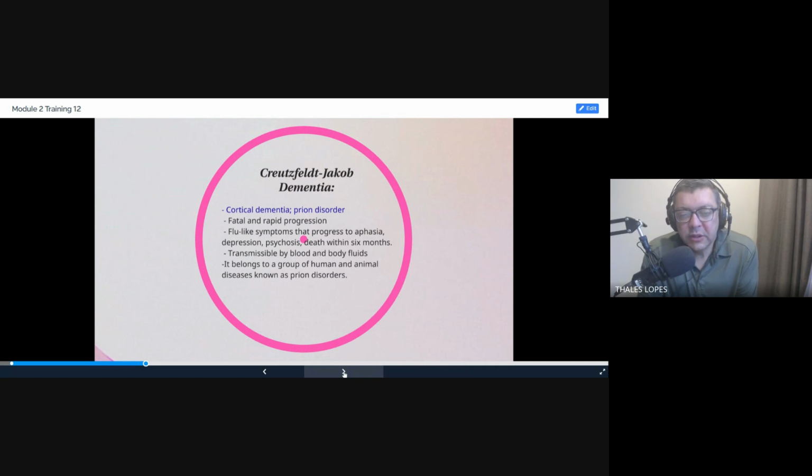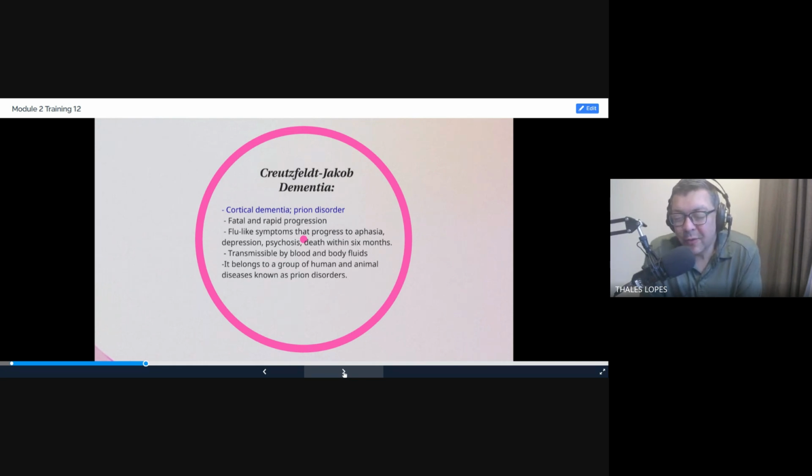So Creutzfeldt-Jakob falls under the cortical, is another one. The cortical deformation. This one is also called prion, which makes it a little bit more difficult for us to remember. So we had frontotemporal. Now we have Creutzfeldt-Jakob, which is called a prion disorder. It's fatal.